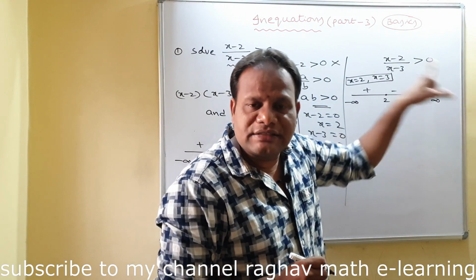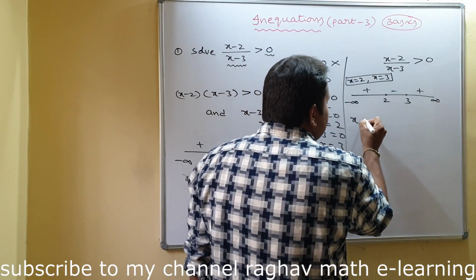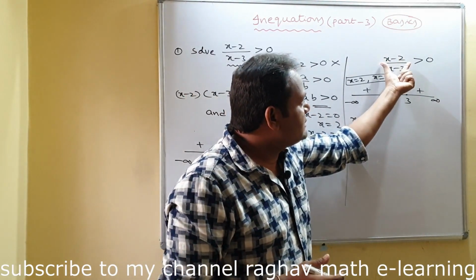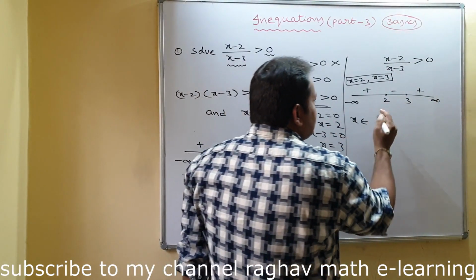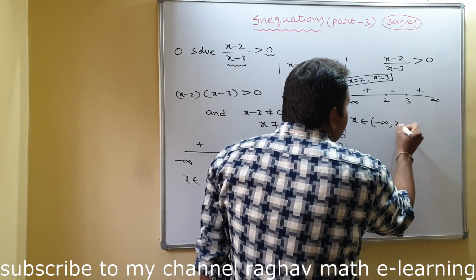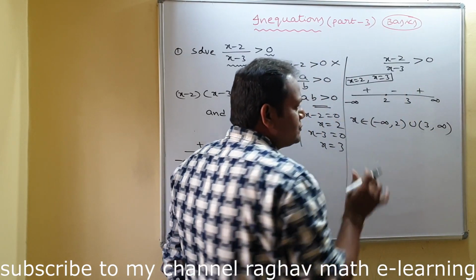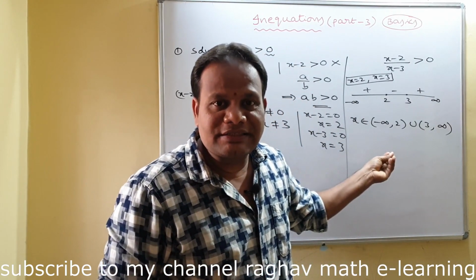Greater than 0 means positive. So we want x belongs to where this expression is positive. So minus infinity to 2 union 3 to infinity. There is no equal to sign, so all open intervals only. I think you understand this.